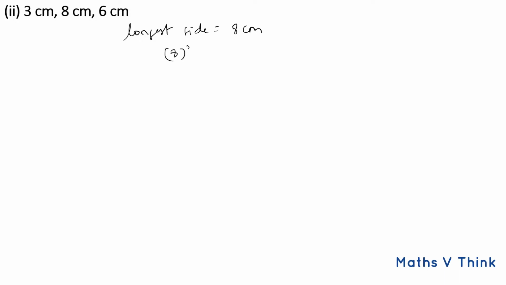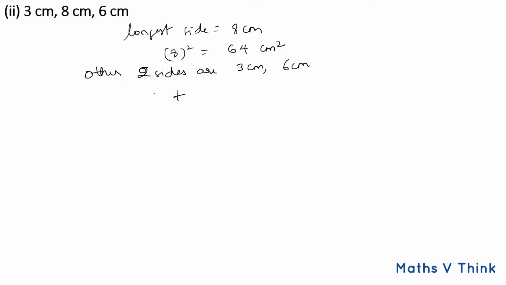The next question is 3 centimeter, 8 centimeter and 6 centimeter. Following the same steps as above, first take the longest side, which is 8 centimeter. Square this. 8 square is equal to 64 centimeter square, and the other two sides are 3 centimeter and 6 centimeter. So the sum of the squares of the other two sides: 3 3s are 9 plus 6 6s are 36.